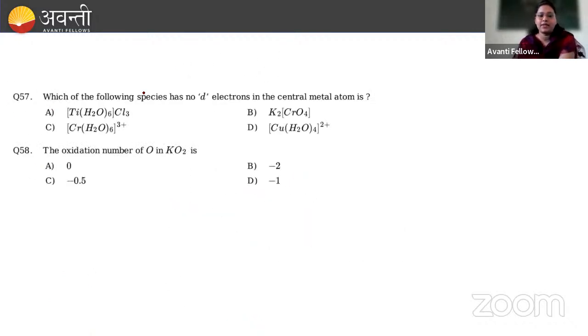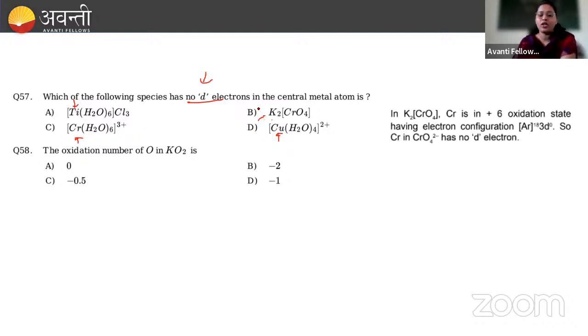Next, which of the following species has no d electrons in the central metal atom? So here we need to consider which molecule doesn't contain any d electrons. When we find out the oxidation state of each central metal atom, for titanium, chromium, copper, and potassium, you can find that for option B, K2CrO4, chromium is in +6 oxidation state.